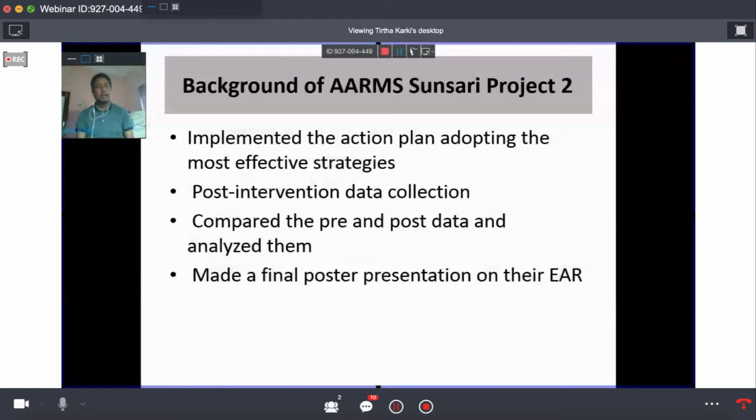We had a mini teacher research conference held here in Sunsari, and they shared the findings of their exploratory action research to a larger group through a poster presentation. This is all about the background of this AMS action research project.